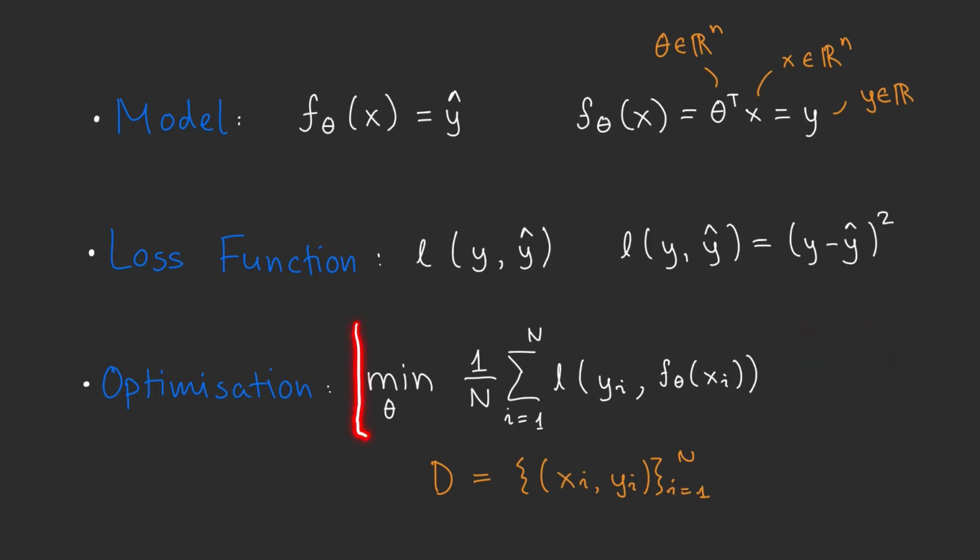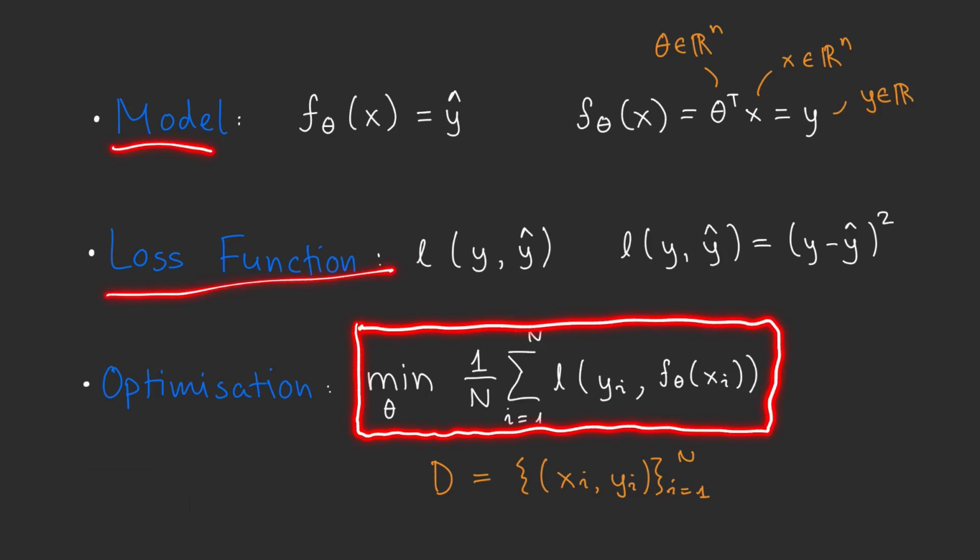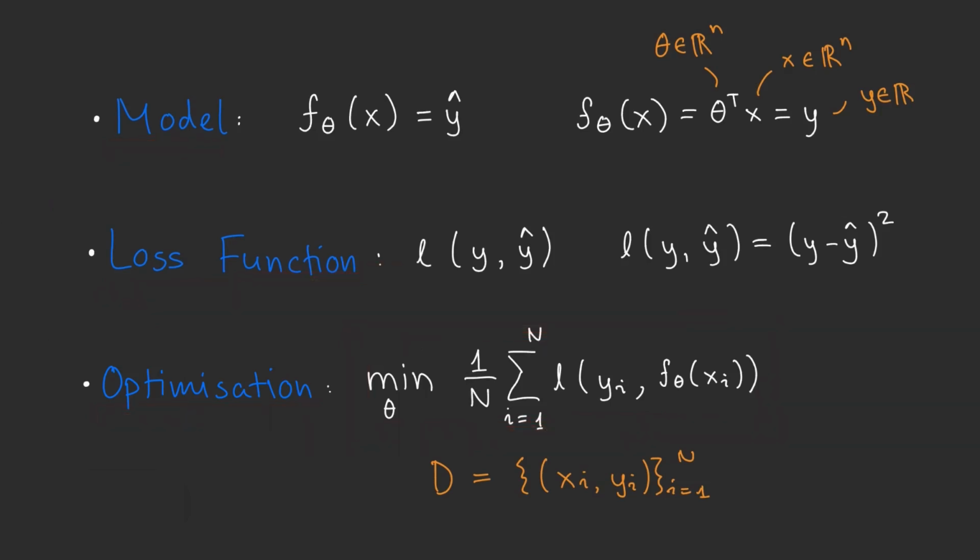So this would be one formulation which summarizes our model, loss function, and optimization formula in one formula. And then you could plug in this model description here to define us having a simple linear model as I've described earlier.